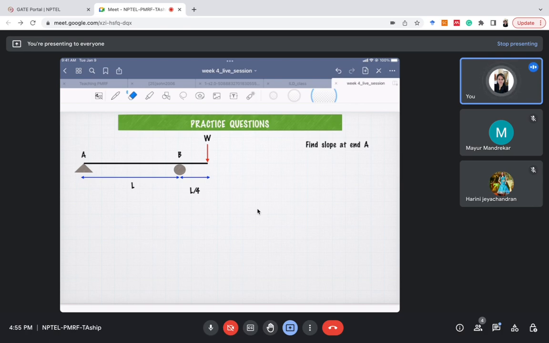If you understand the previous question, you'll surely do this. You can either use the free body diagram or the load shifting method, which I told you.